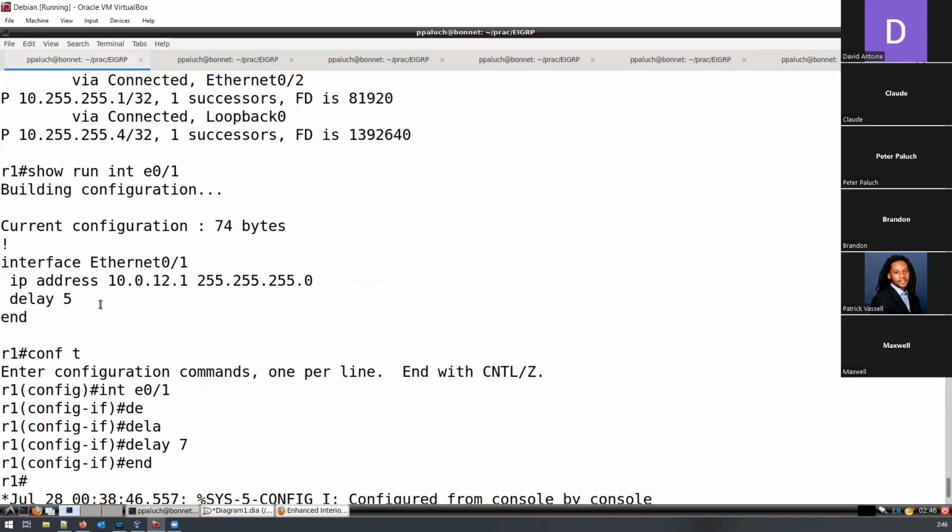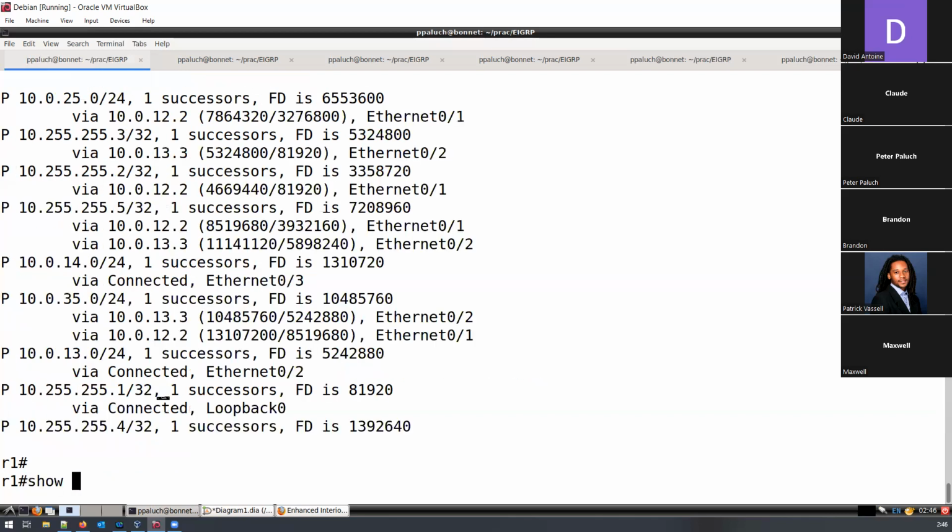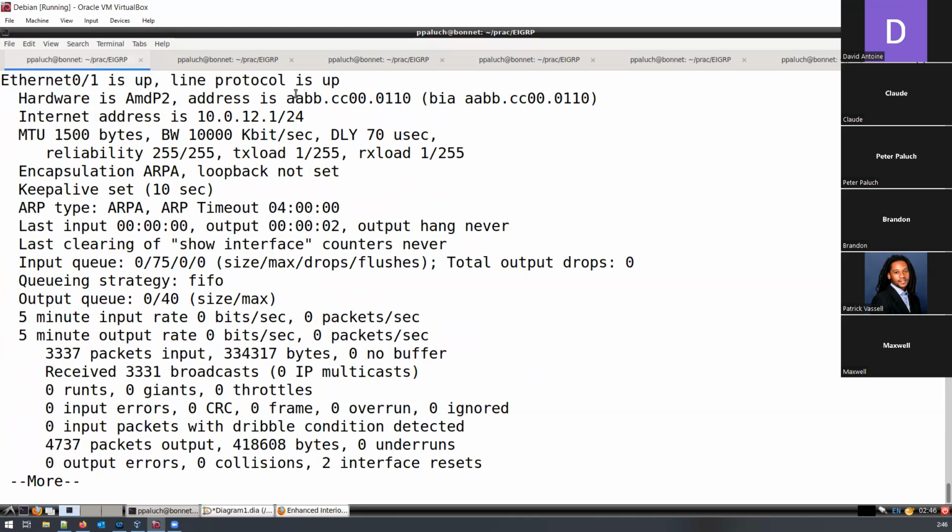Now, this value here is a unit where delay 1 means 10 microseconds. It's ridiculous, it's tens of microseconds. If I show you the delay of the interface E10 now, show interface E10, it says 70 microseconds.